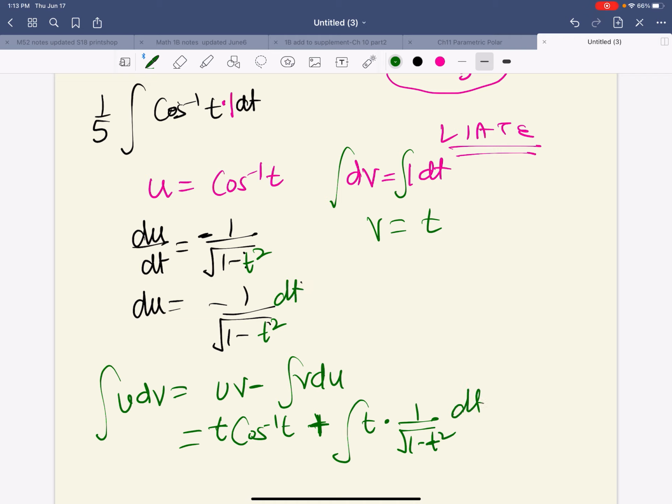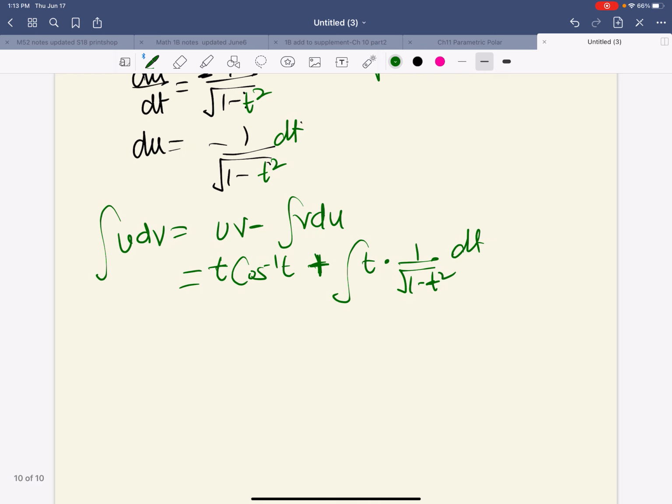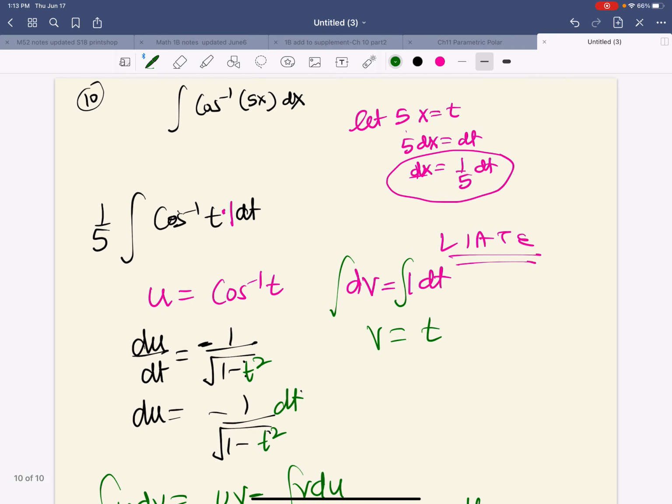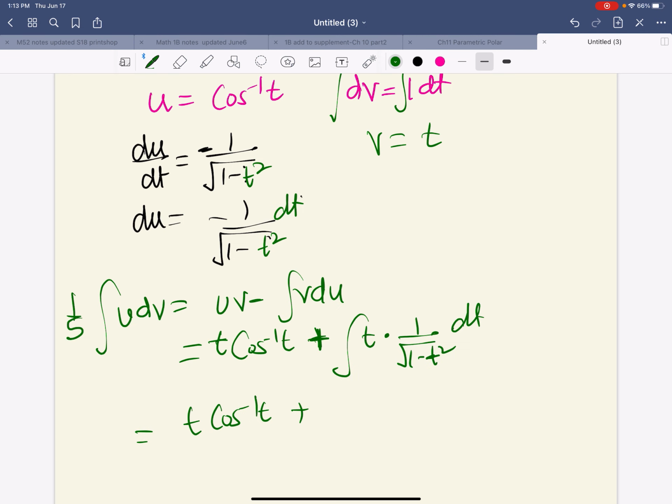All right, so t cosine inverse t plus, I still have the 1/5 in the front, so I'm going to keep that 1/5 all the way out and take care of it a little later. But right now, I'm going to change this integral. So this is t over square root of 1 minus t squared dt.